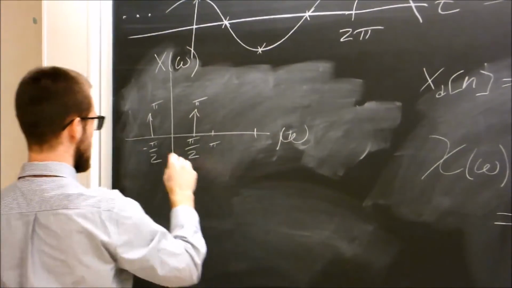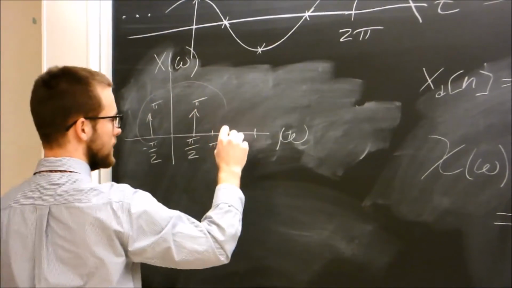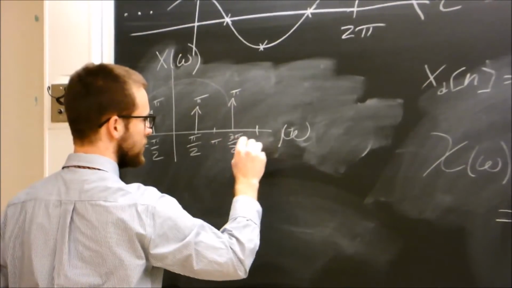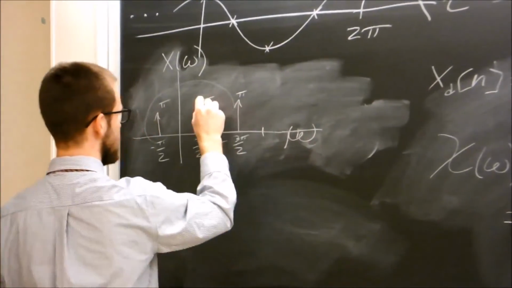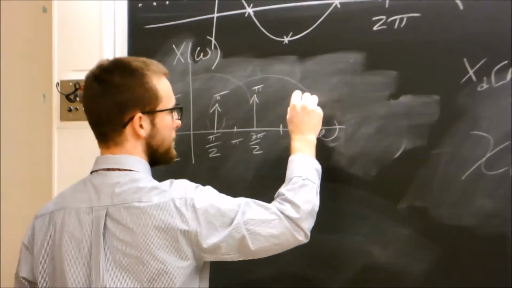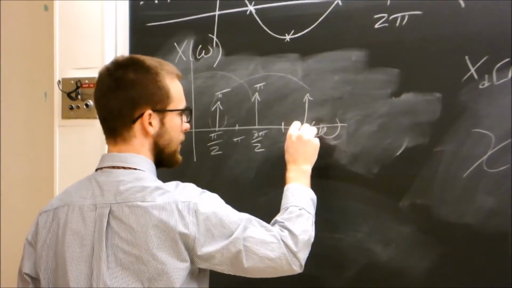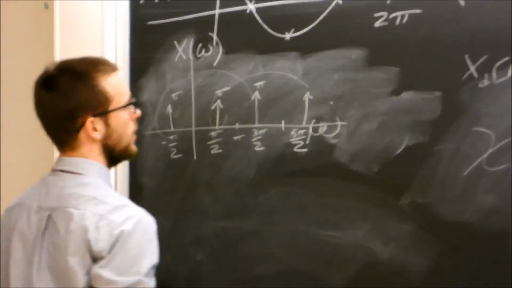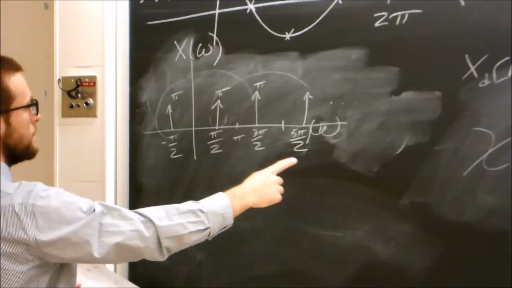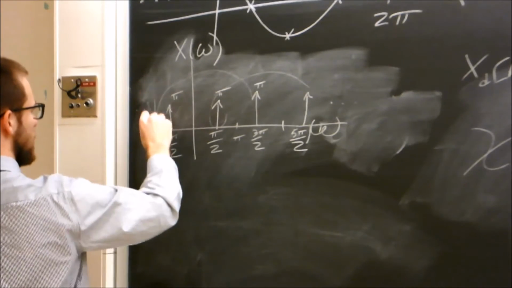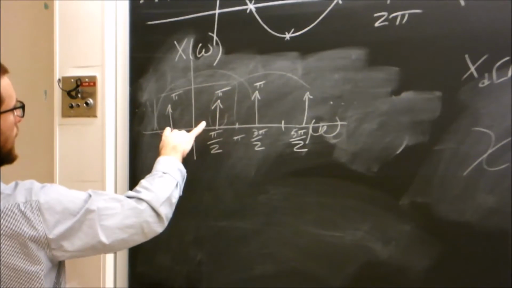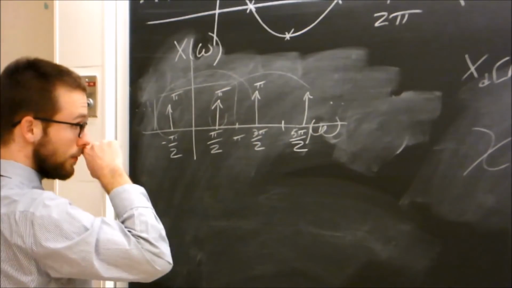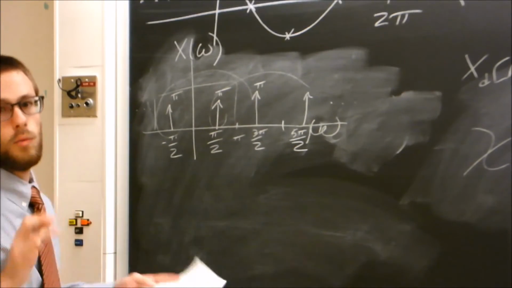And so when we repeat that every 2 pi, this one repeats here at 3 pi over 2, and this one repeats up here at 5 pi over 2. And these continue on, repeating every 2 pi. So we can see here clearly between negative pi and pi our original Fourier transform, and then repetitions above and below. And they're reasonably, we can say, well behaved.